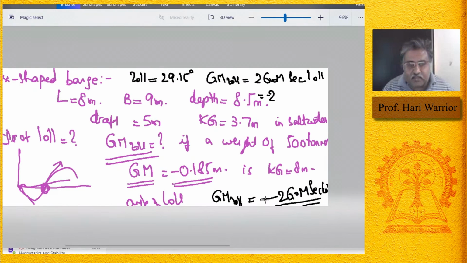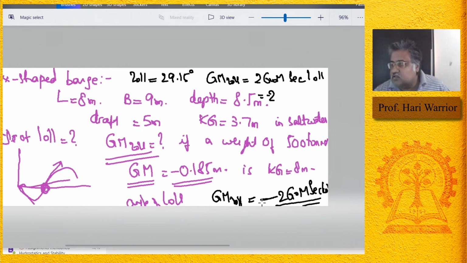The answer is 0.323? Okay, just a minute. Slightly different, 0.424. I got 0.323. What is GoM? 0.185, minus 0.185.